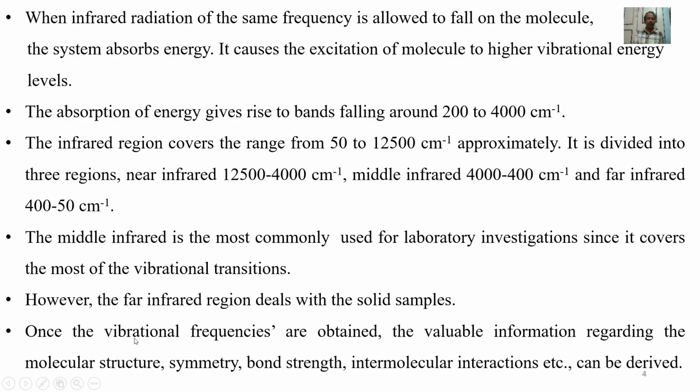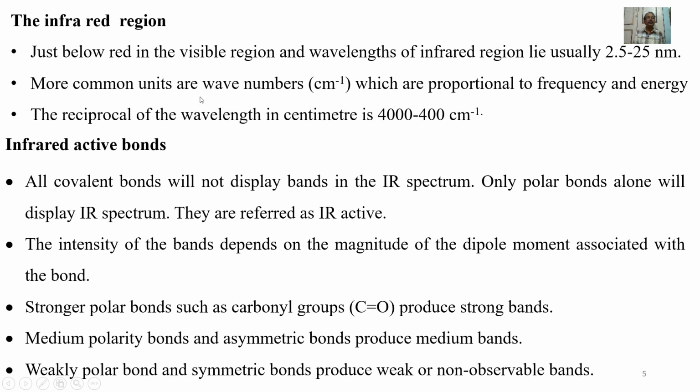Once the vibrational frequencies are obtained, valuable information regarding the molecular structure, symmetry, bond length, intermolecular interactions, and so on can be derived. The infrared region lies just beyond red in the visible region of the electromagnetic spectrum, and wavelengths of the infrared region usually lie in 2.5 to 25 micrometers.